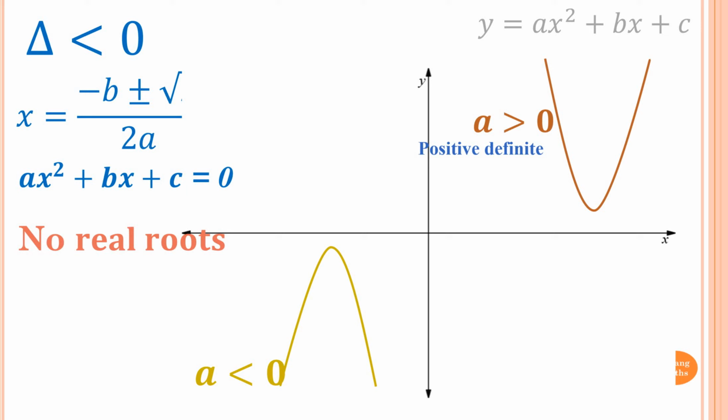Or if a is less than 0, the graph will look like this, and we call this negative definite. So please keep that in mind. When there are no real roots, or the function is positive definite or negative definite, the discriminant will be less than 0. Thank you so much for watching.